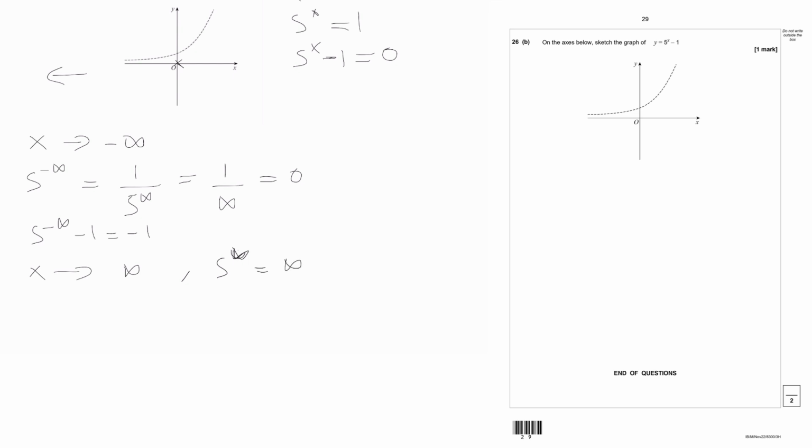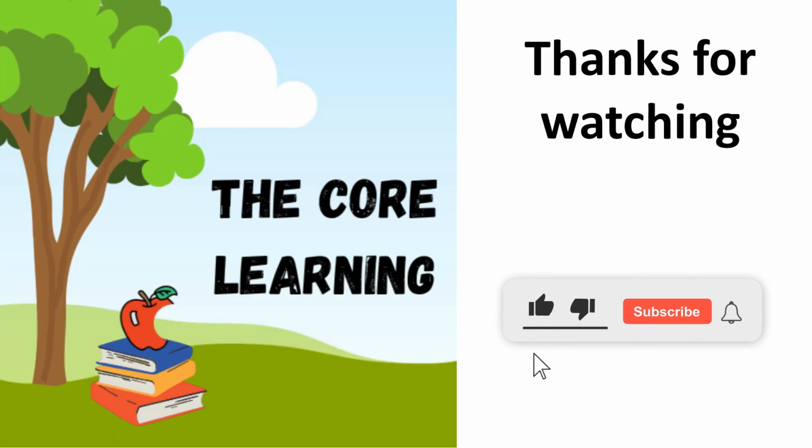Therefore, for the case of 5 to the power of infinity minus 1, it's still just going to tend to infinity. So in this case, what we have is going to be something that looks roughly like this.